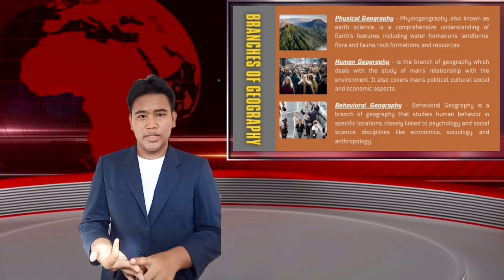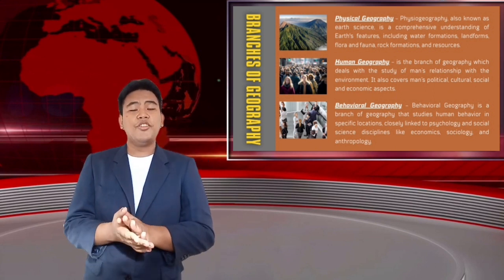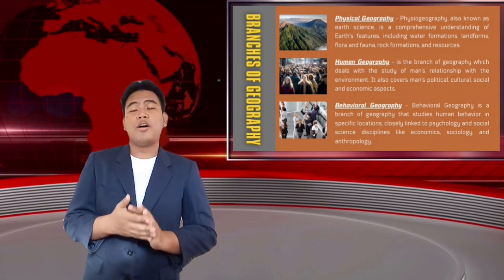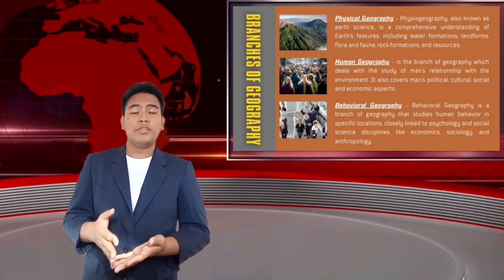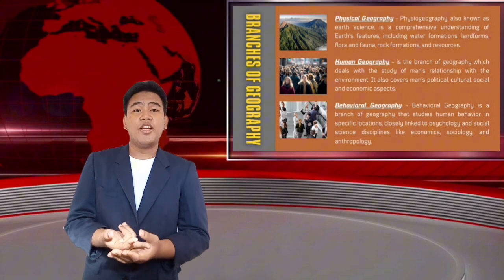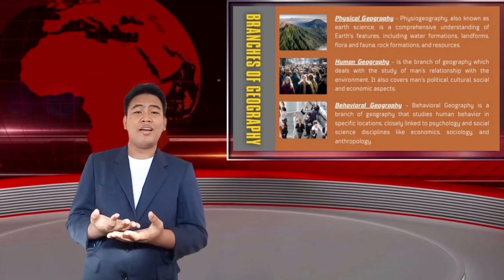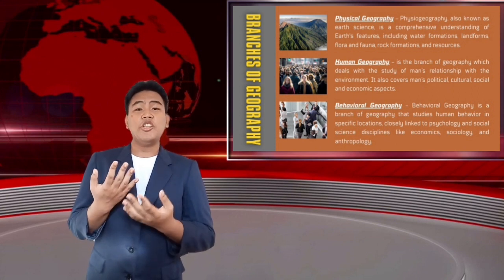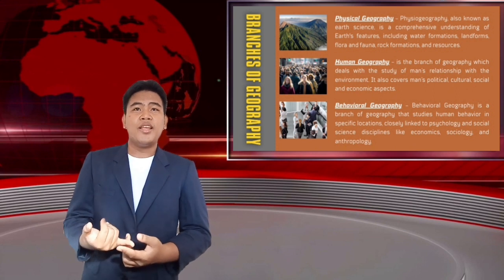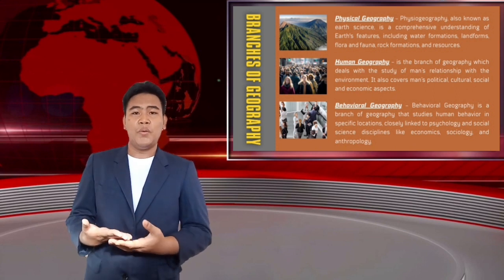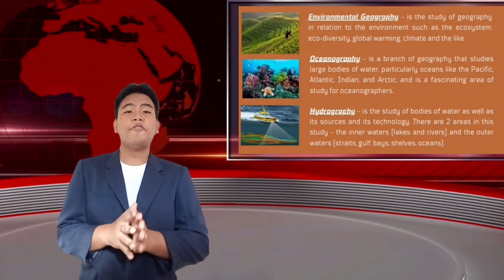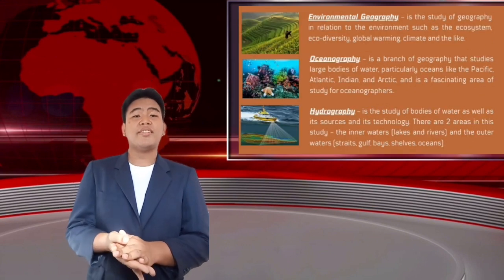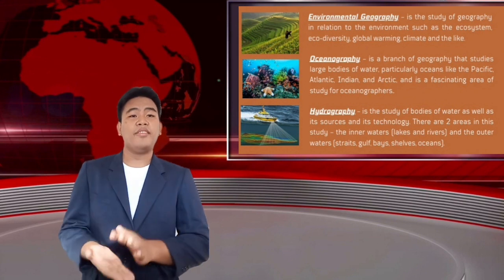practices and values. So behavioral geography focuses on how people develop their behavior regarding the status of their country's economy. It really affects how their behavior develops. The next branch is environmental geography.